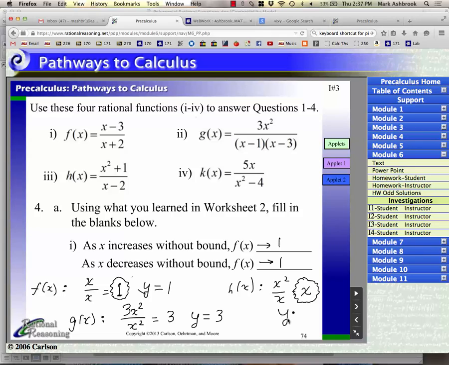The effective leading term is x to the first. We'll show all these in the graph. But anyways, when x gets really, really big positive, will it go up or down? So if x is a really big positive number in the function h, for large positive values, it's going to be like y equals x.